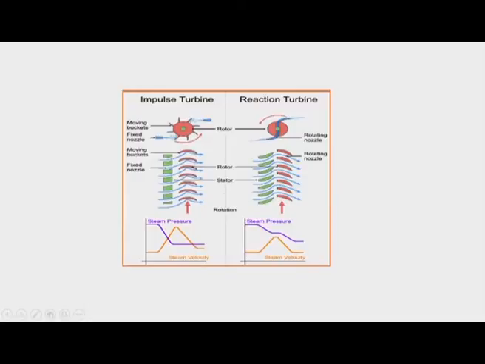The rotor is moving in the upward direction, that is the direction it is rotating. In an impulse turbine, the flow after coming out of the nozzle directly impinges on the turbine blade, as we would see in hydro turbines.